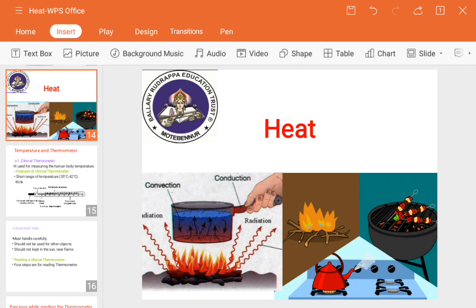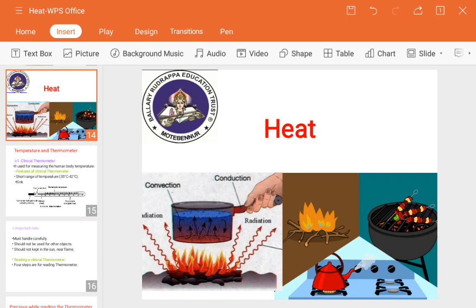And another thermometer for your syllabus is the laboratory thermometer, which is used only for lab purposes while doing experiments. So we cannot exchange these thermometers: we cannot use the clinical thermometer for the laboratory, or the laboratory thermometer for clinical purposes.